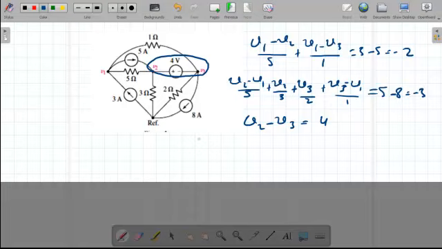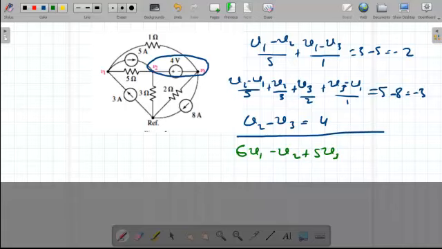After we organize these equations, the first equation becomes 6V1 minus V2 plus 5V3 equal minus 10. This is my first equation.